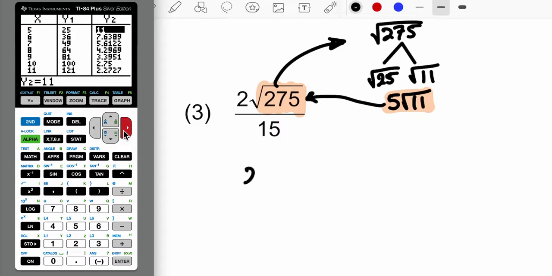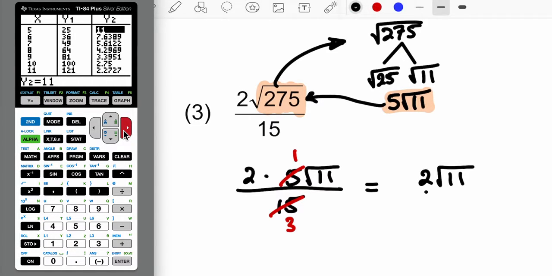So I'm looking at 2 times 5 radical 11 over 15. Could simplify a little bit because 5 and 15 are both divisible by 5. So I could divide each one of those by 5 and get a 1 here, a 3 here. So now I'm looking at 2 times 1, which is 2 radical 11 over 3.